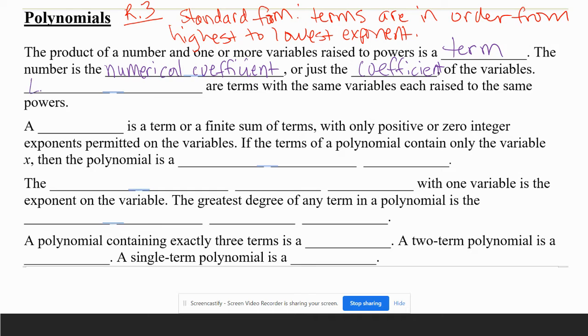Like terms are terms that have the same variables raised to the same powers.